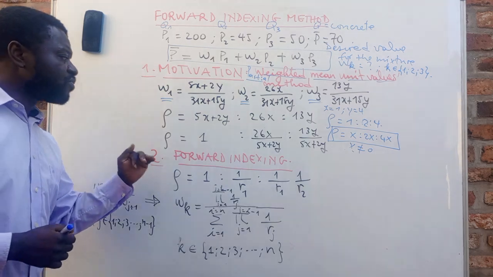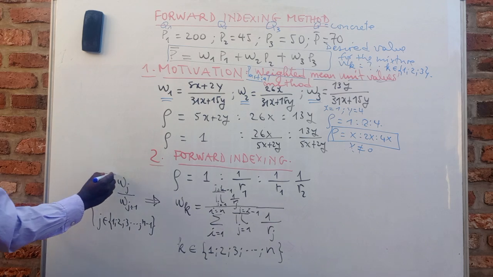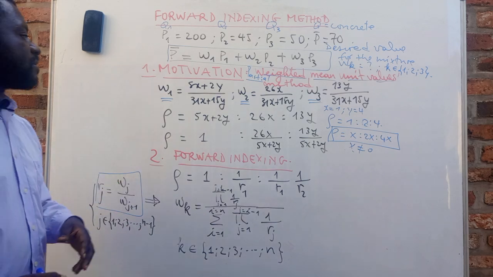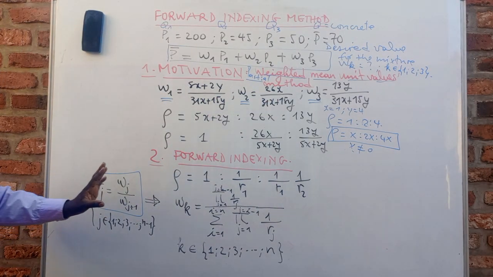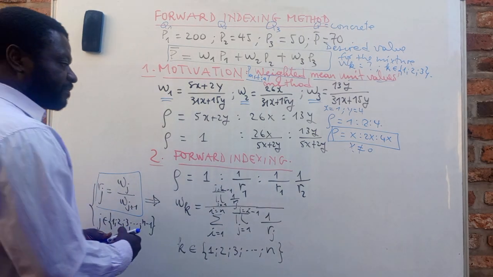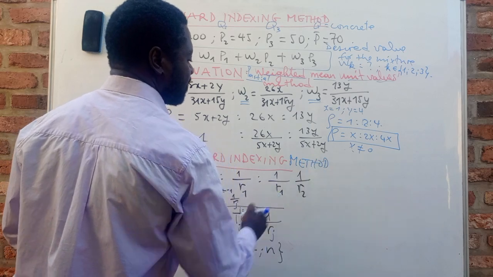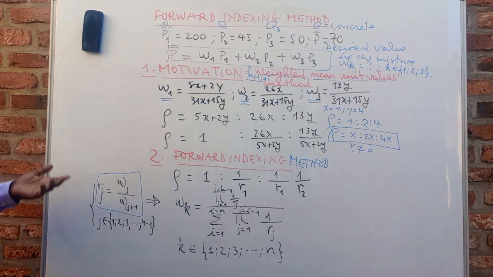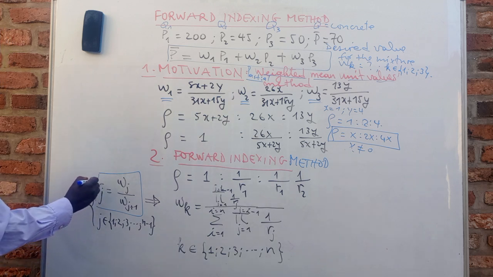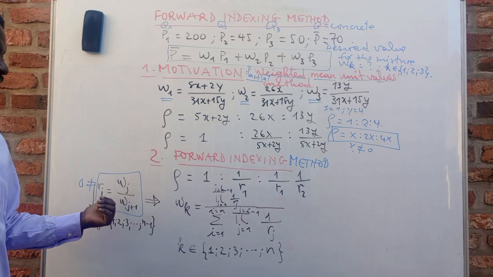Now, if we want to choose one solution, we may take ratios of two consecutive weights, even if they are not consecutive. This is the formula for the forward indexing method. We set a ratio to any value which is different from 0, of course, and then we calculate the weights in terms of those ratios.